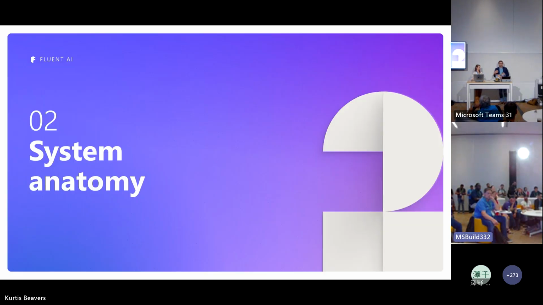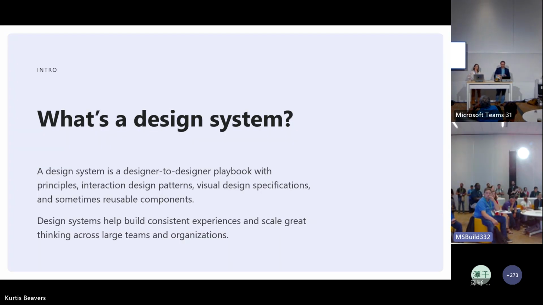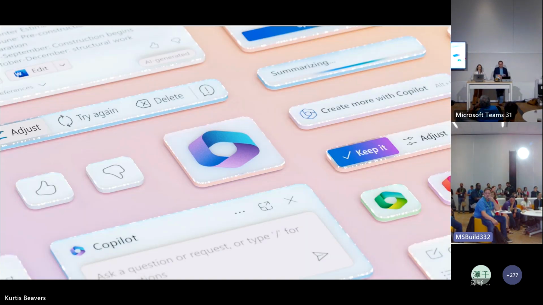So as we think about design systems, what is a design system? We have some fairly established definitions of what a design system is in the industry. But as we started to really dig into Copilot experiences, we realized it's more than just the buttons and the components.